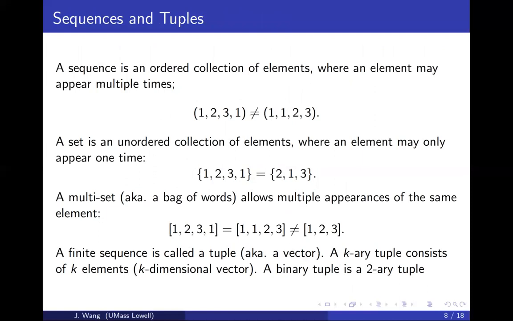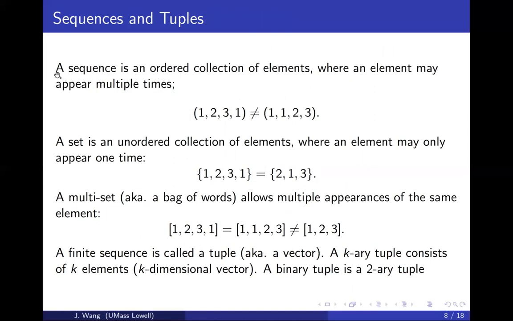Okay, next we're going to look at sequences and tuples. When we look at sets, a set is simply a collection of elements, and there is no ordering of the elements. If you put an order on these elements, then we're going to call this object a sequence.